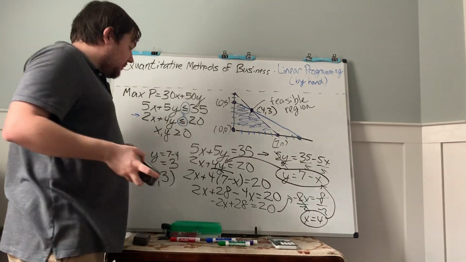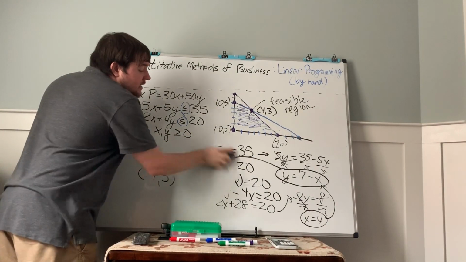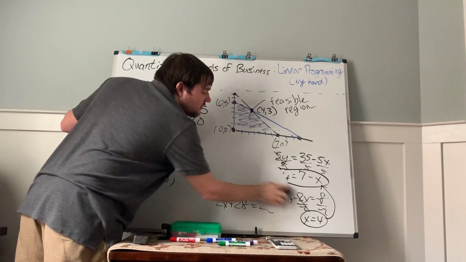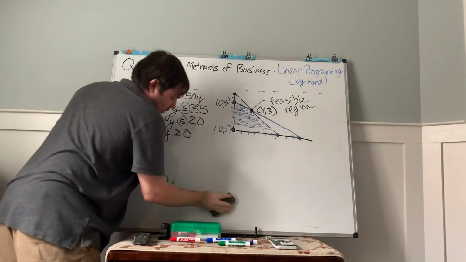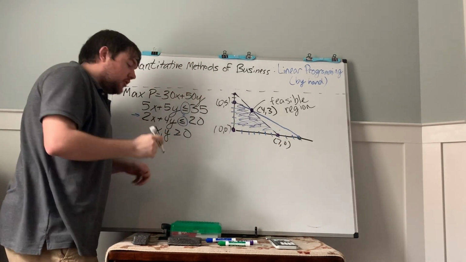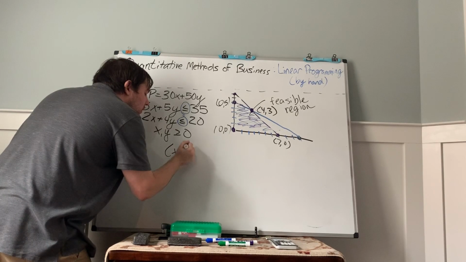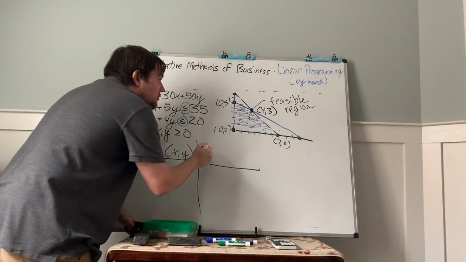So what do we do from here? Well, now we're going to actually use our objective function. I just erased the 7, 0. That's fine. I'll go back. So I'm going to set up a little chart. And it's going to have the xy point, and it's going to have the objective function.